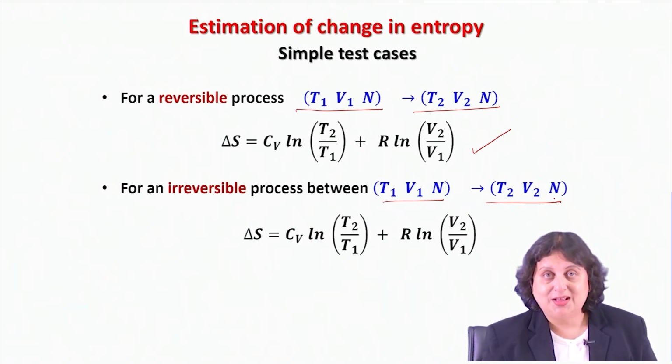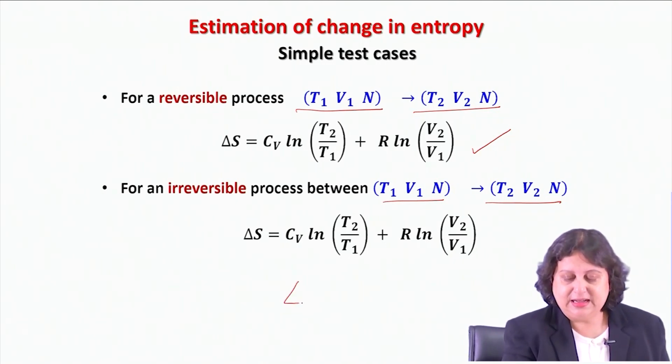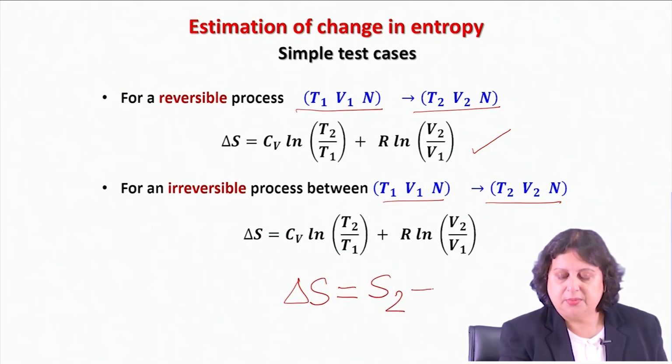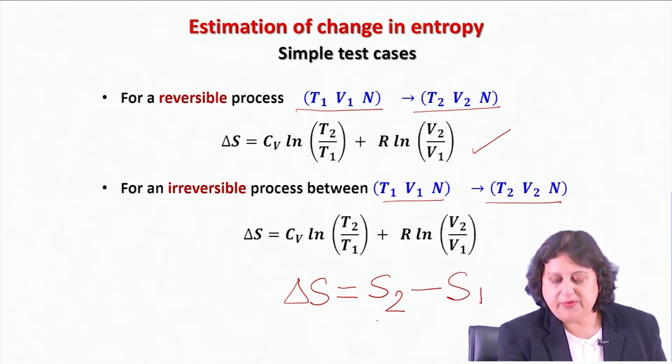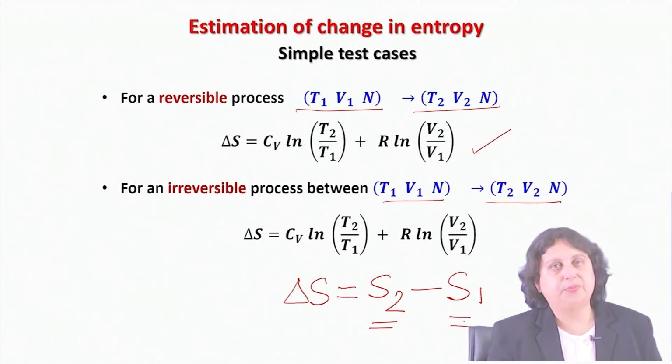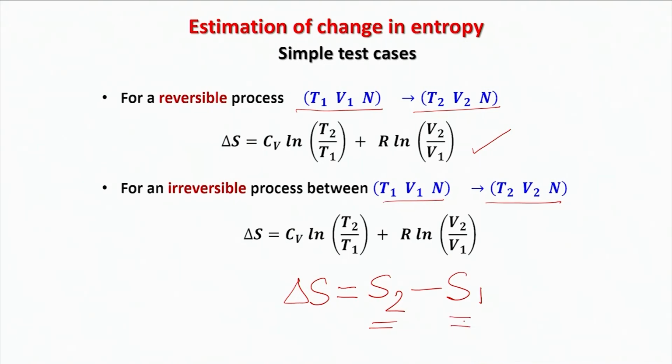Why is that so? That is because delta S is equal to S2 minus S1, value of entropy in the final equilibrium state and value of entropy in the initial equilibrium state.